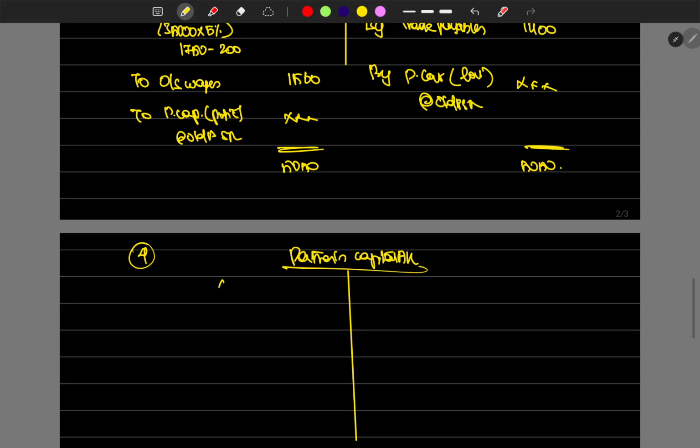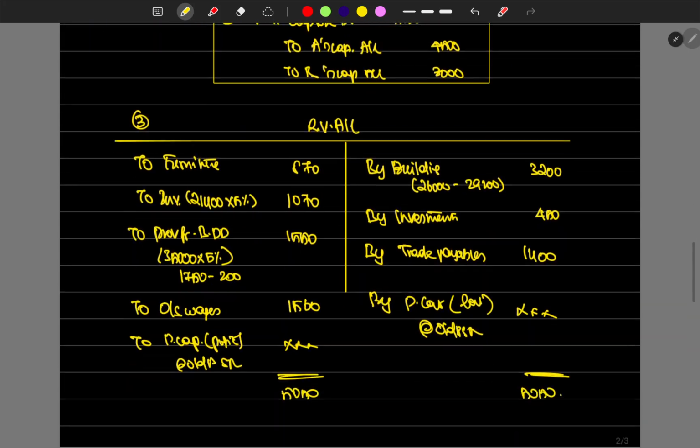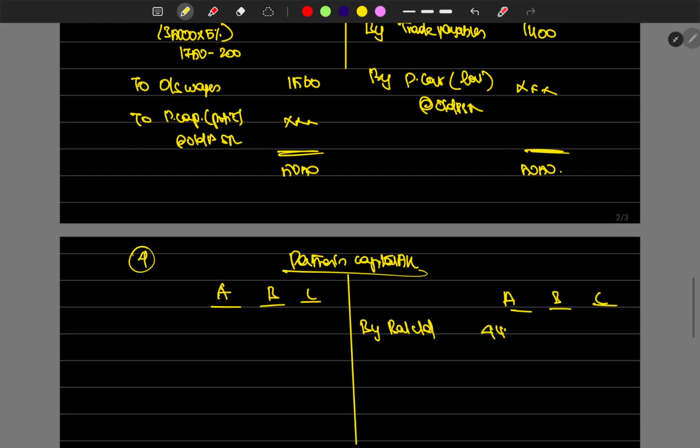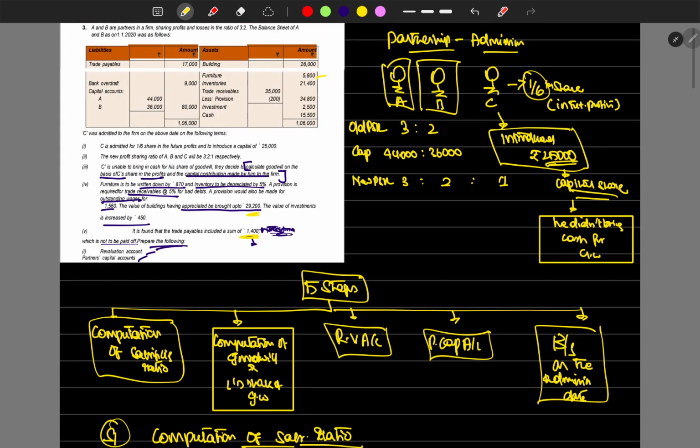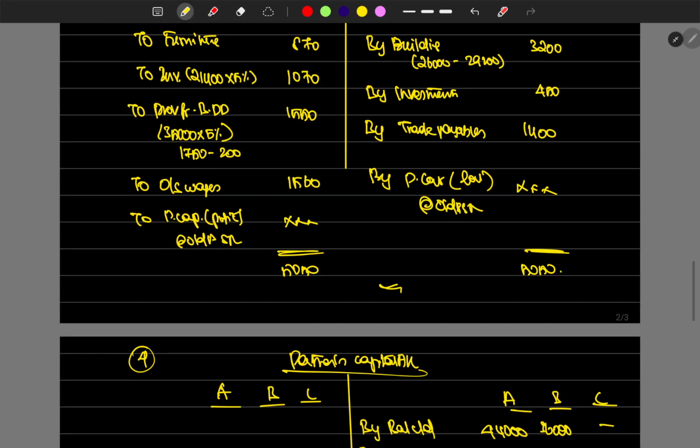Okay, A B C. When it comes to partners capital, the first item is what's the capital they have. 44,000, 36,000. If there is any reserves in the book, there is no reserves. Revaluation also, we don't have any balance, so nothing comes here.